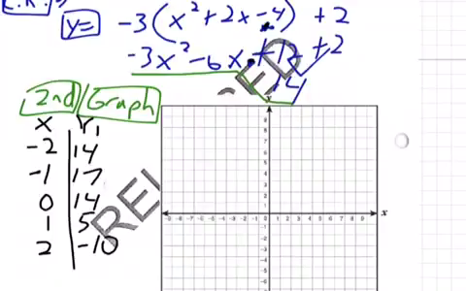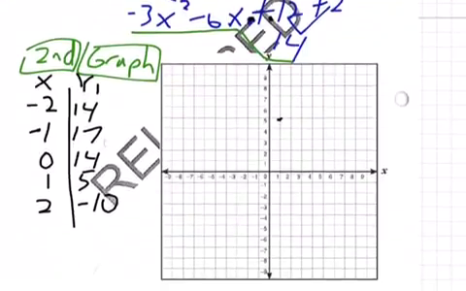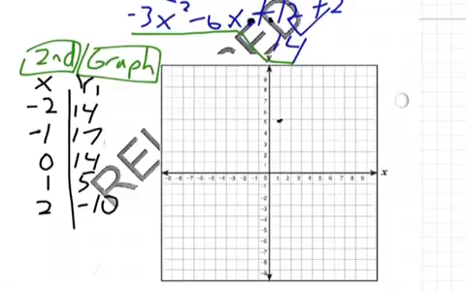Then 0, 14, right back to here. Then 1, 5 is down here. And then 2, negative 10 is right about there. Now I'll just connect that, because this is a function, I want to connect them.